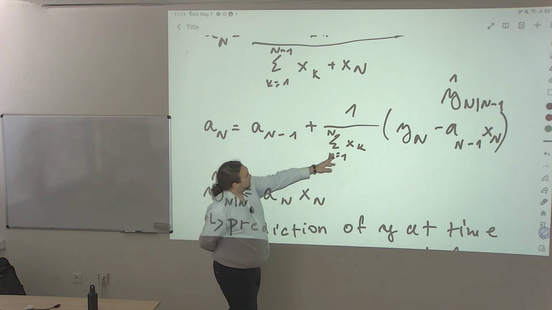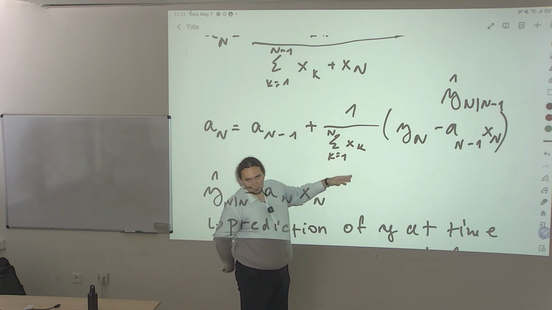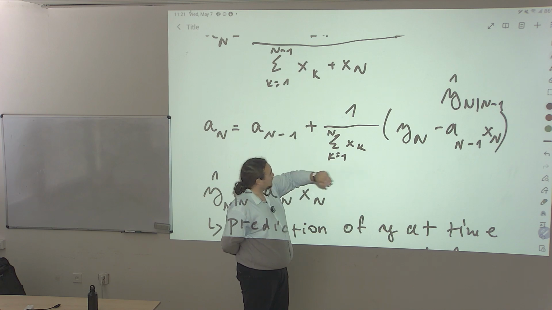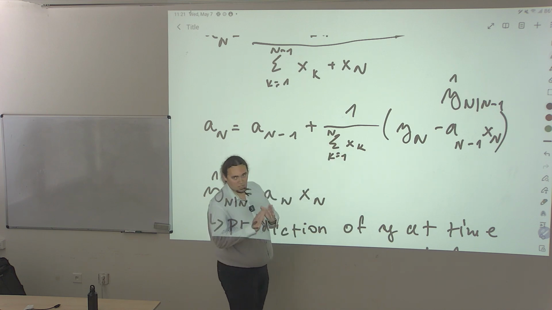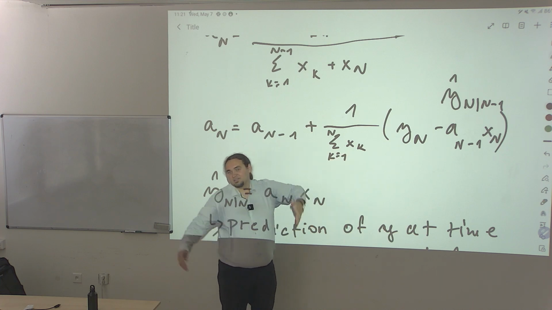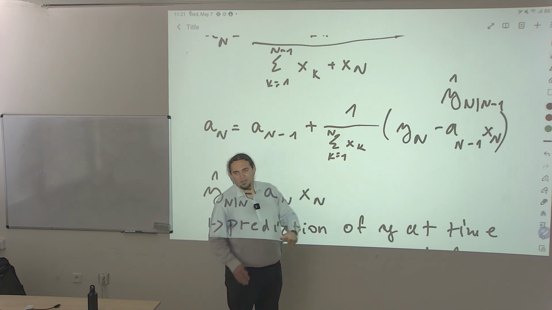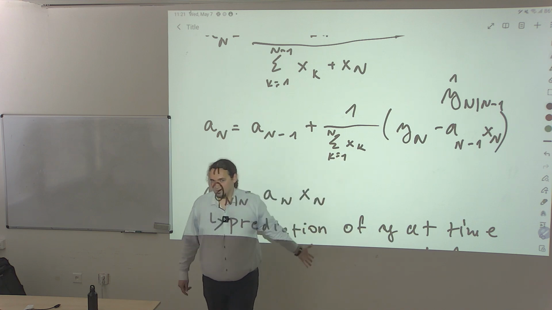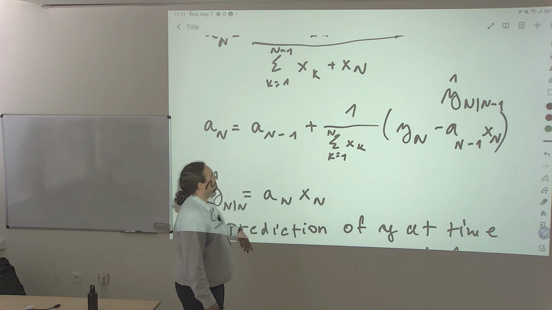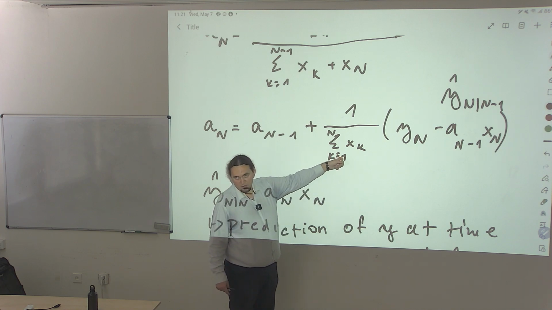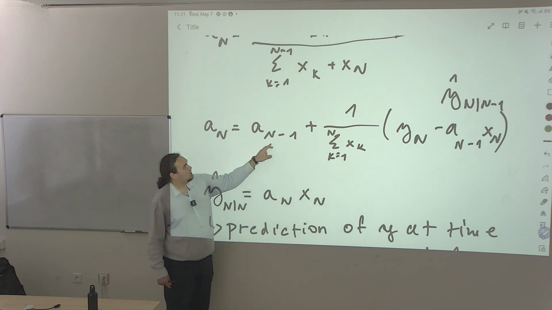Now if we get 100 new measurements, so 100 time points passed, let's say that our value of x didn't change at all, so it's 1 all the time. We already have 1 over 100. So our gain is already much smaller. We are already saying, well, what happened?